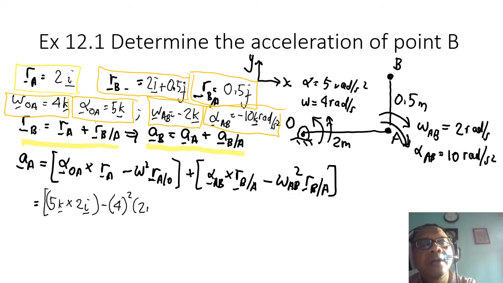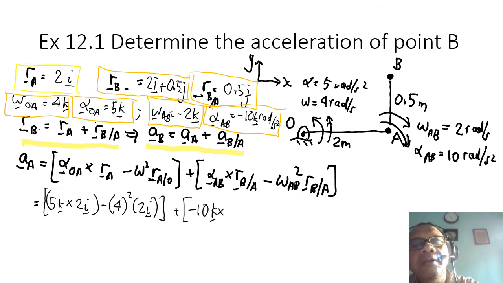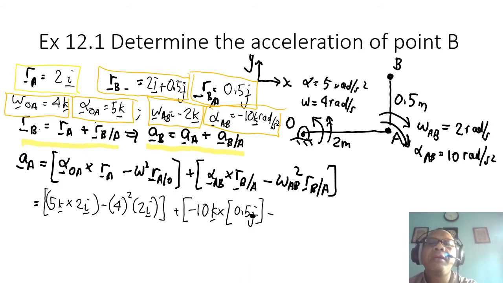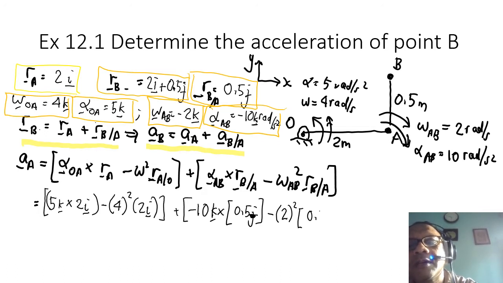Then we can start with this one. Alpha AB is minus 10k, and position vector B relative to A is 0.5j. Minus omega AB, omega AB is 2, so 2 square, and position vector B relative to A is 0.5j.